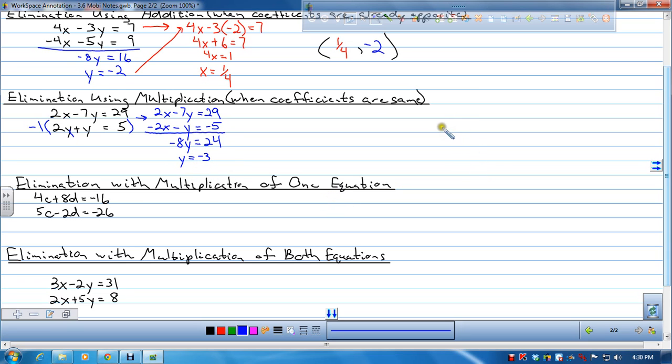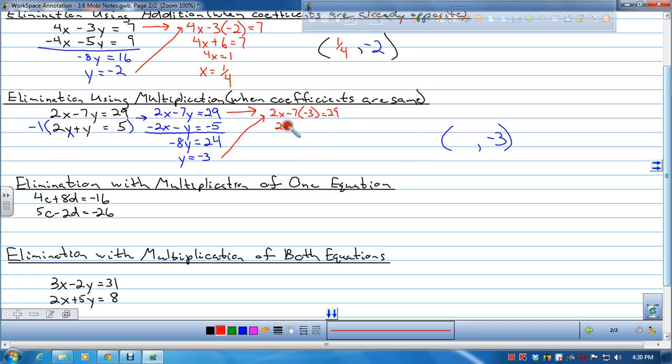Okay, so I'm going to go out here. My y value is negative 3. And now I'll take that y value and I'm going to plug it into this top equation, which I didn't do anything to. So 2x minus 7 times a negative 3 equals 29.